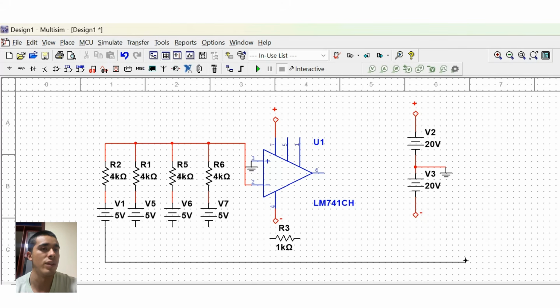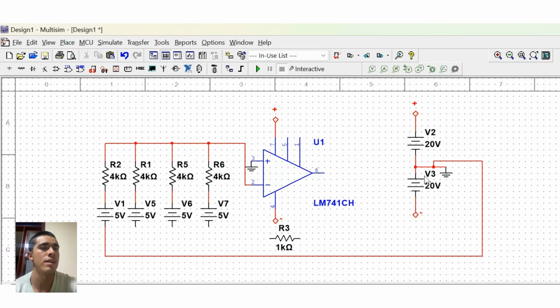This produces a circuit in which each input is multiplied by 1 over 4, resulting in an output of 5 if all inputs are 5, as you can see.